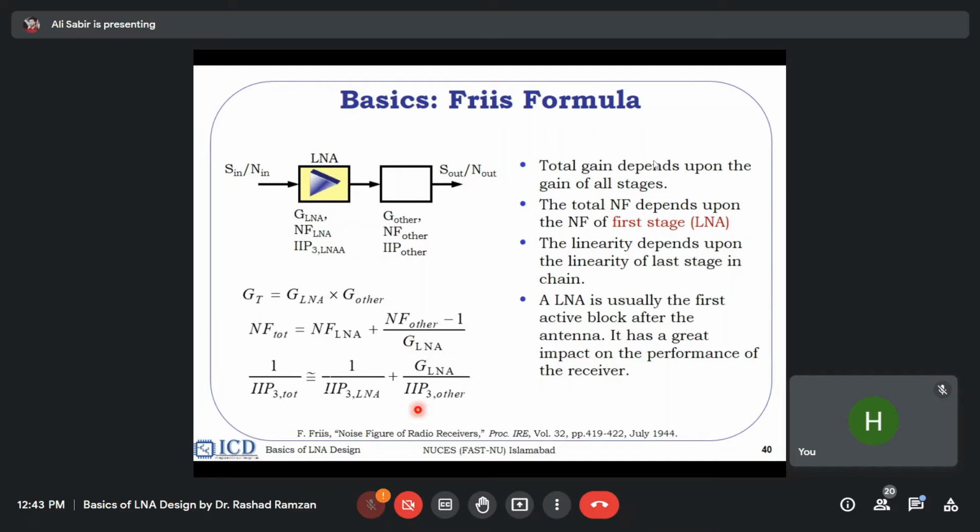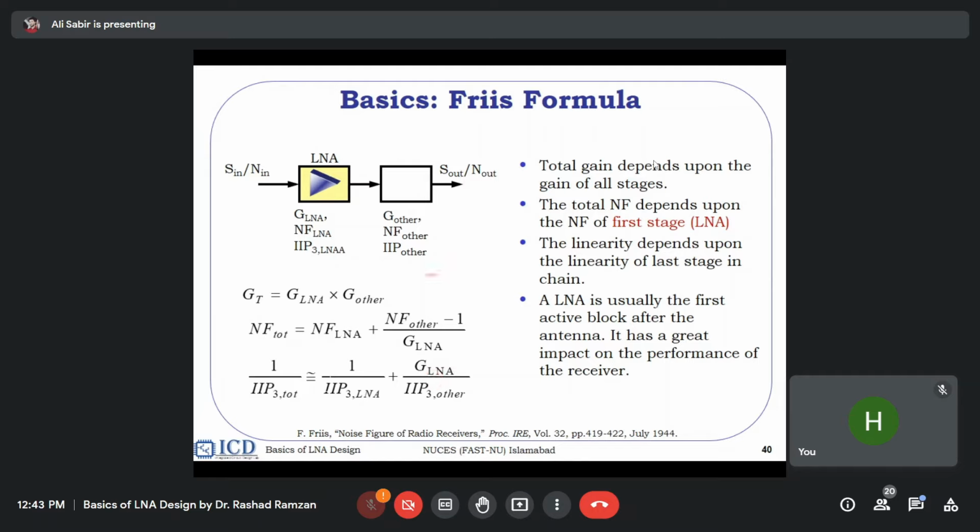The linearity is just the opposite. Things become non-linear when the desired signal is large. In the LNA the signal is very weak, so there is not much issue of non-linearity. But when the LNA amplifies the signal and it becomes powerful, there is a chance of saturation in the second block. In the Friis formula, the total IP3, or total non-linearity, is equal to the inverse of the first non-linearity plus the gain multiplied by the other; you see the gain multiplies the second factor.